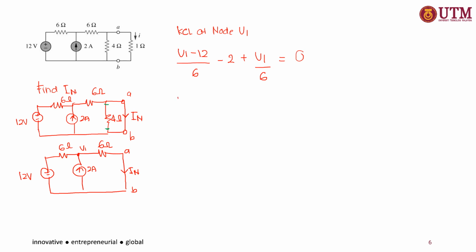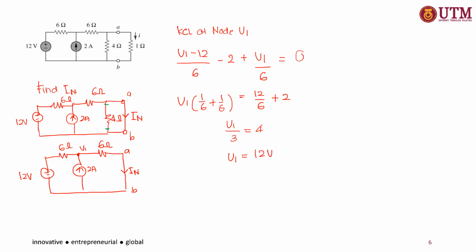0. So your V1 times (1 over 6 plus 1 over 6) equal to 12 divided by 6 plus 2. So you will get your V1 divided by 3 is equal to 4 and your V1 is equal to 12 volt.